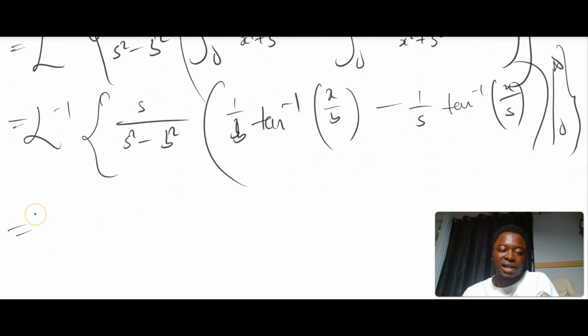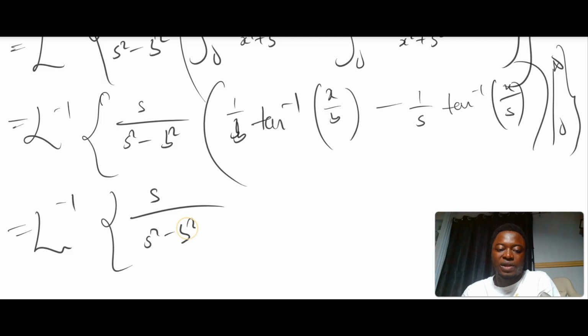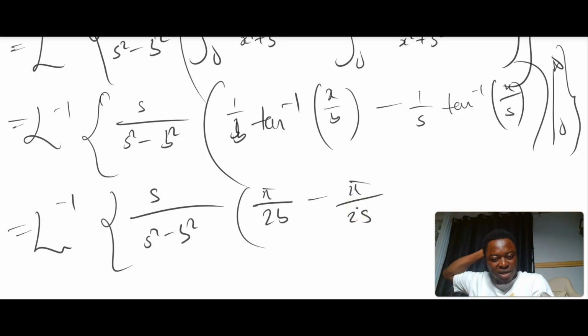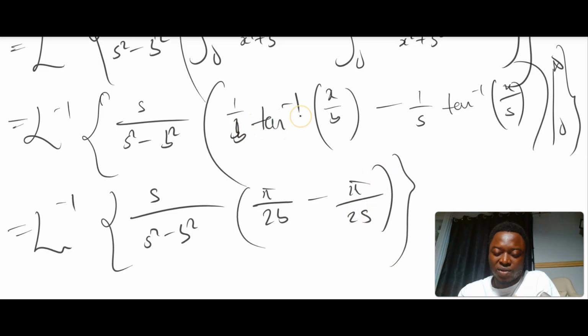So you could write this as the inverse Laplace transform of s divided by s squared minus b squared, then you would have pi over 2b minus pi over 2s. So I guess that's because this is pi over 2 times b. Okay, now you can factor the pi over 2 outside.